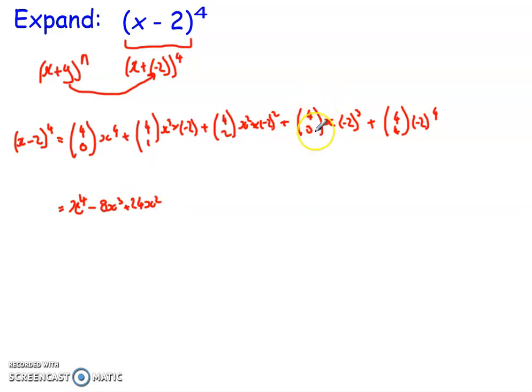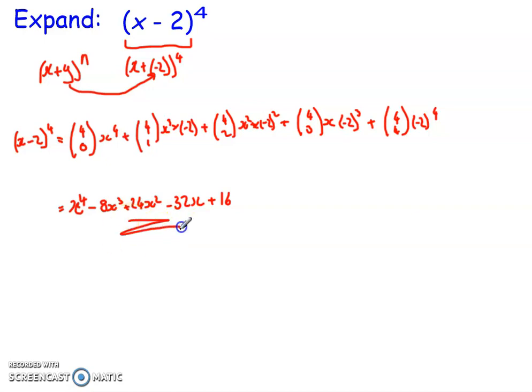Then got 4C3, well I'm working back down Pascal's triangle, so 4C3 is 4, times negative 2 cubed. Negative 2 cubed is negative 8. 4 times negative 8 is negative 32. So I've then got negative 32x. And then my last term is 4C4, which is 1, times negative 2 to the power of 4, which is then just plus 16.